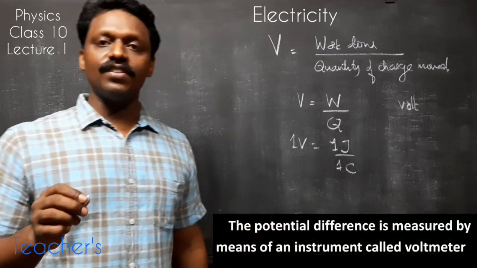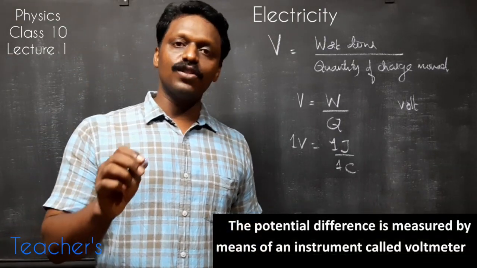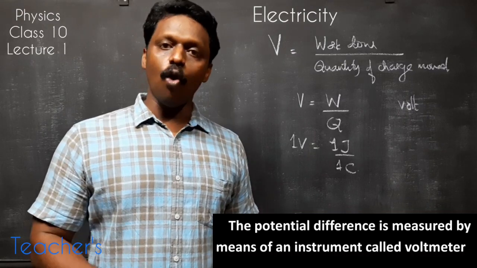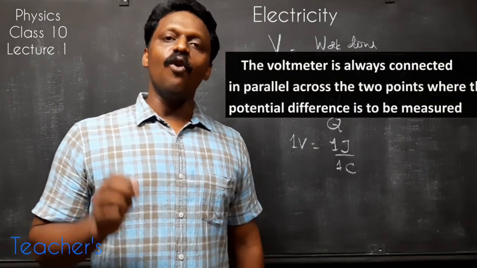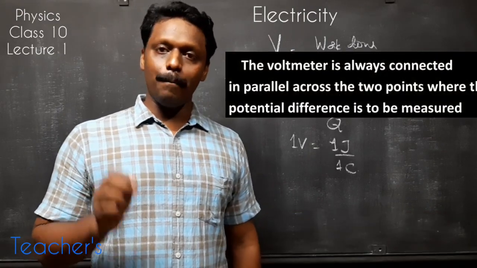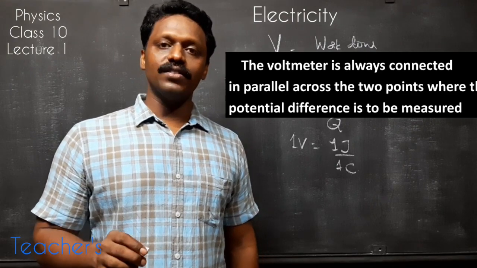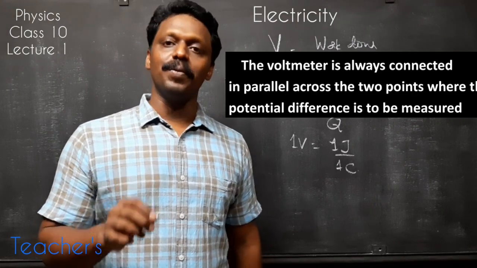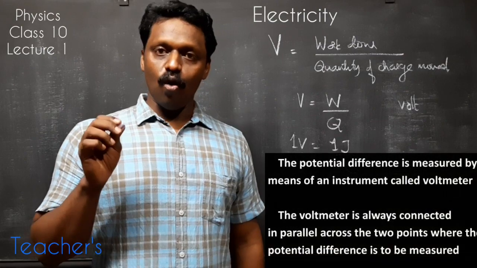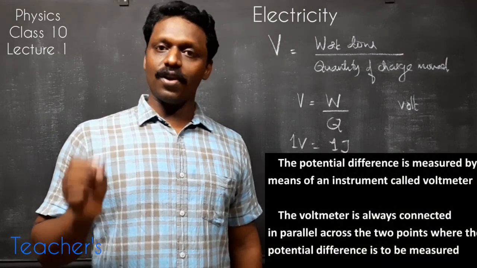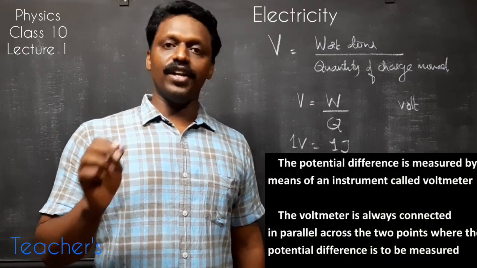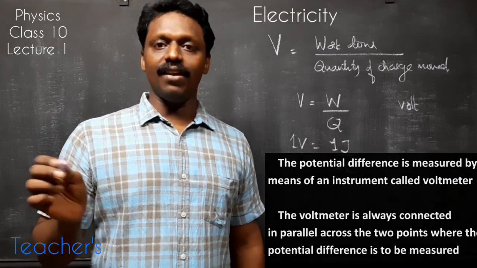The potential difference is measured by means of an instrument called voltmeter. The voltmeter is always connected in parallel across the 2 points where the potential difference is to be measured. So voltmeter measures the potential difference, and in a circuit it is always connected parallel.